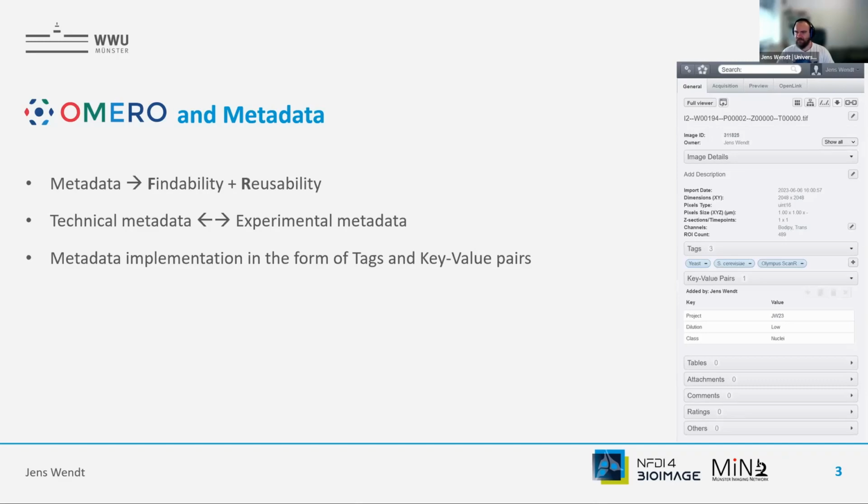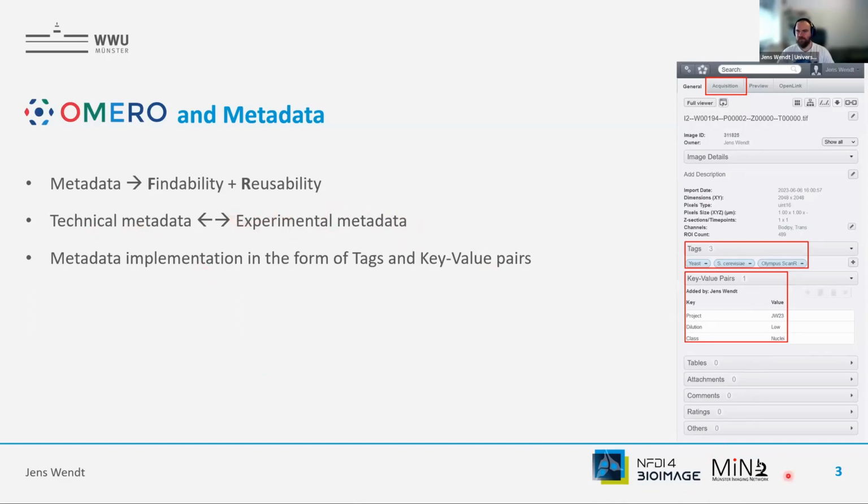The technical metadata one can find under acquisition, a little bit hidden away. And the experimental metadata is supposed to be stored in the form of tags and key-value pairs. Now, most of the technical metadata in newer vendor file formats is already stored automatically by the microscope.